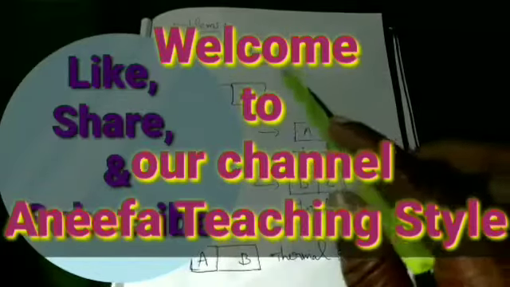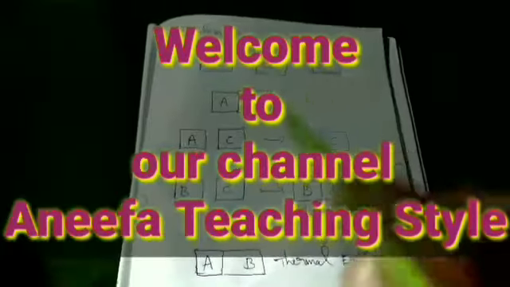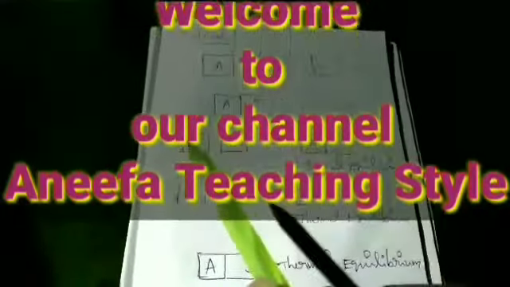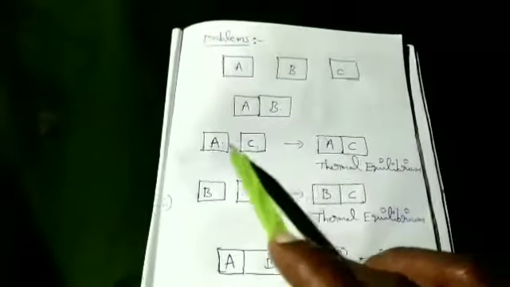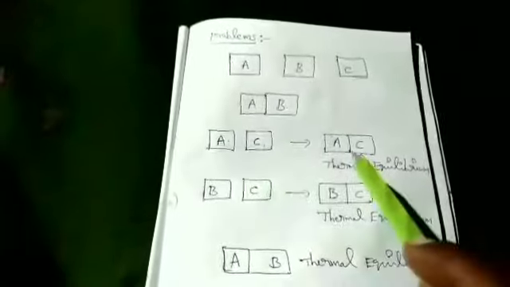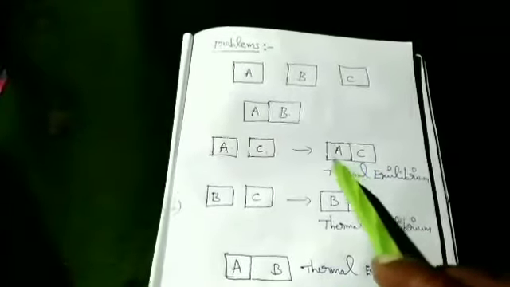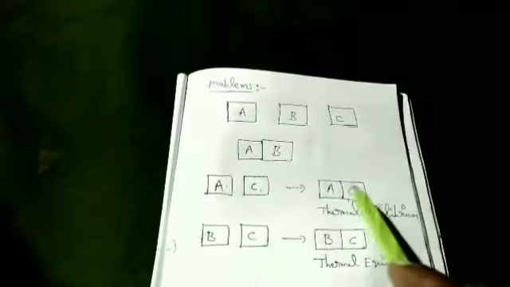Now we have taken three bodies A, B and C. Here body A and body C are taken. When we place these two bodies into thermal contact, then heat transfer will occur and they reach the thermal equilibrium situation.